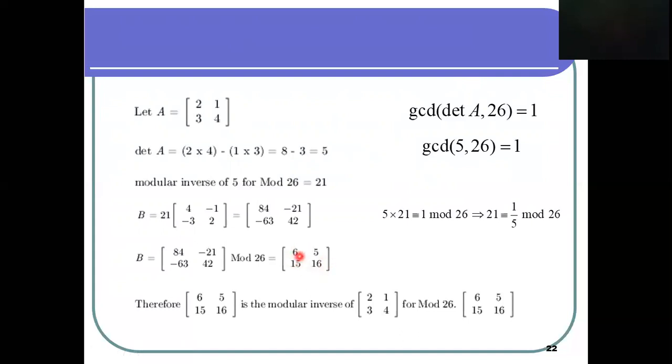So ultimately we will get this as the inverse matrix. So the modular inverse of this matrix is given over here. This matrix will be used in the procedure of decryption.